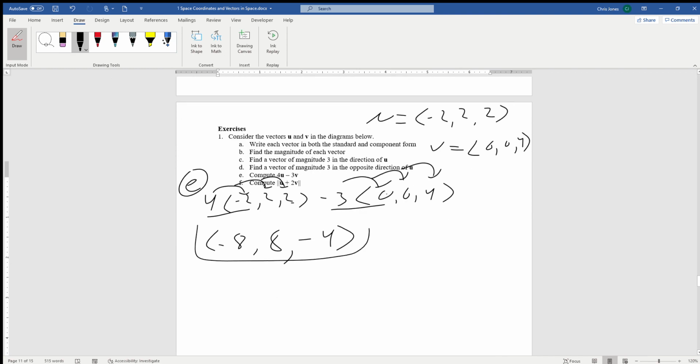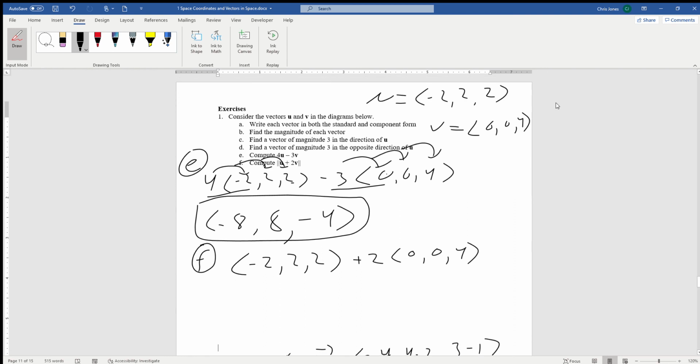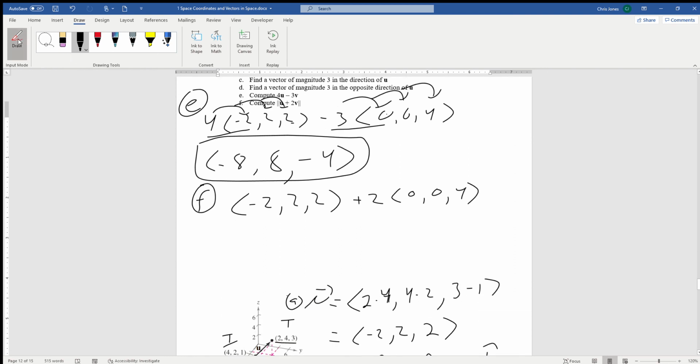Now the last thing that we have to do is compute u plus 2v and then find the magnitude. u, again, was negative 2, 2, 2, and 2v is 2 times 0, 0, 4.